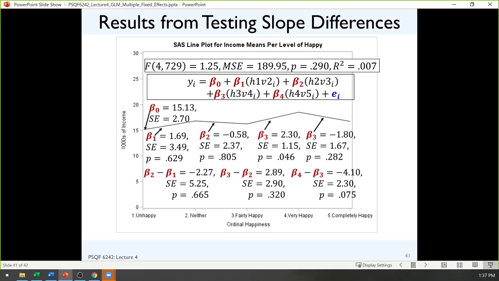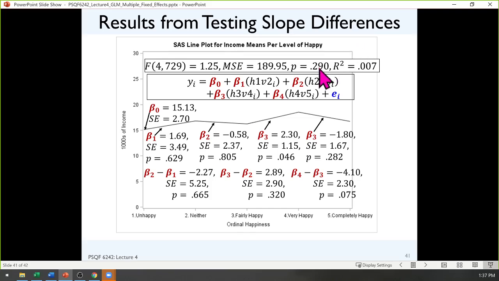So does money buy happiness? Is that the phrase? Does happiness lead to annual income? Thumbs down. So more specifically, the 4 slopes that I'm putting in the model to distinguish these 5 levels of happiness, on the whole, do not result in a significant amount of information captured.